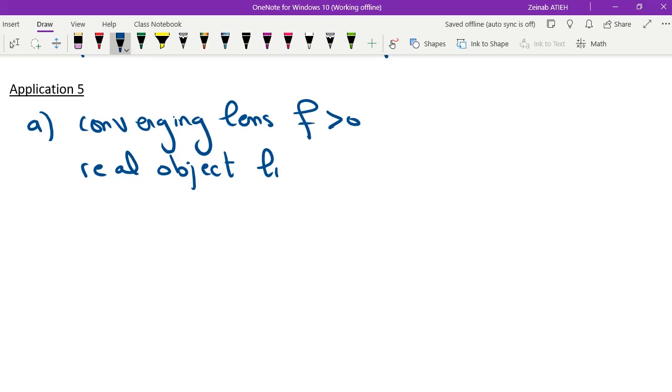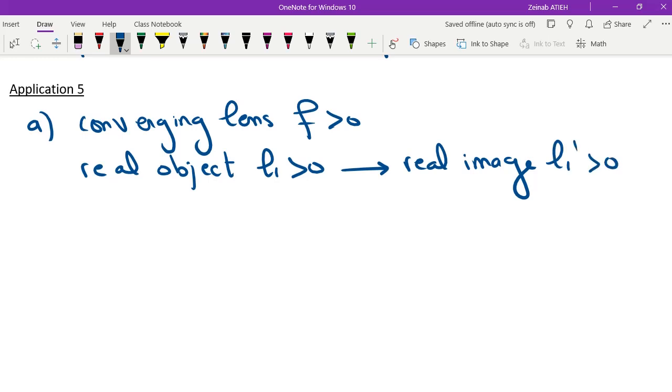So L1 is the first measurement for the position of the object. So L1 is positive. It gave me a real image, L1 prime is also positive. He said that in this case the magnification absolute gamma 1 was equal to 4, like this.